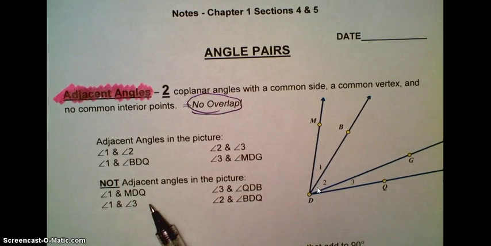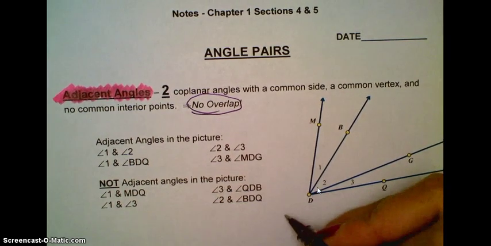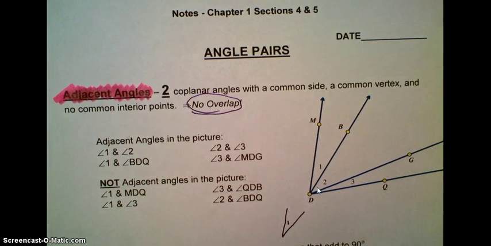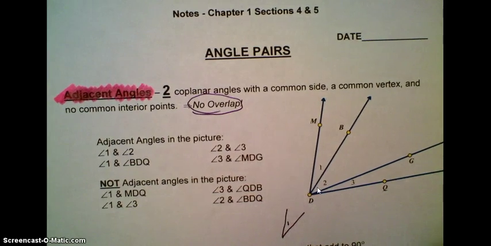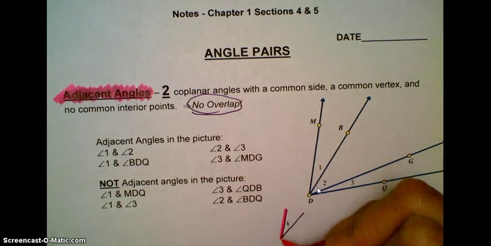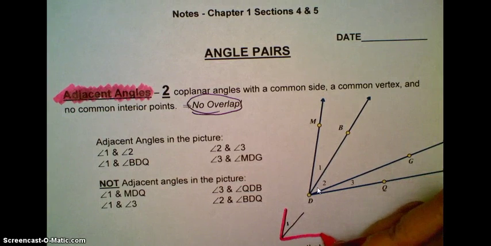Also take a look at some angles that are not adjacent. Angle 1, which if we were to redraw it here on the side, would look like this. And then angle MDQ, which if I use my highlighter to do that, would look like this.